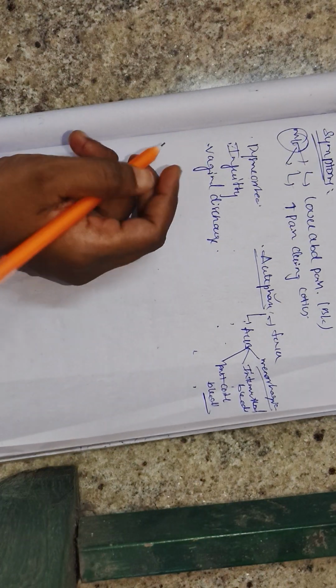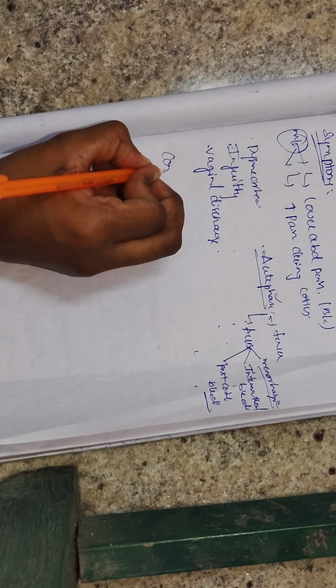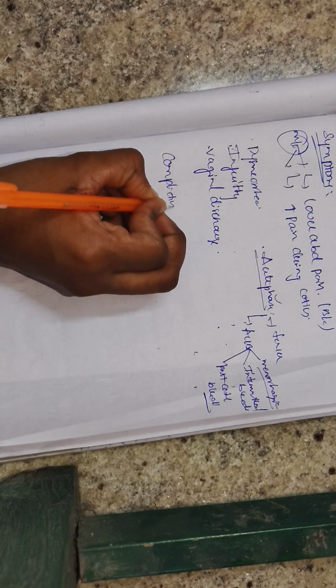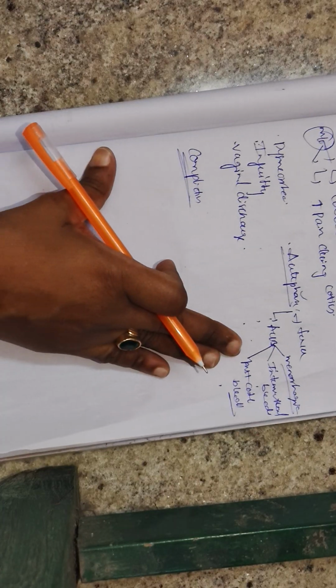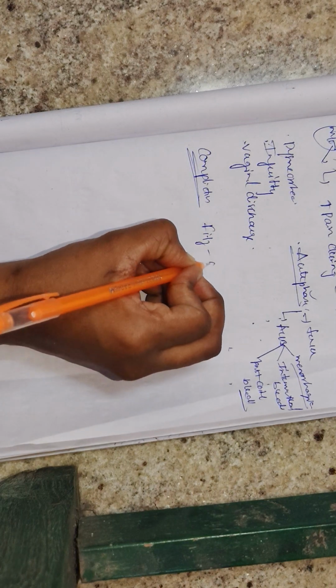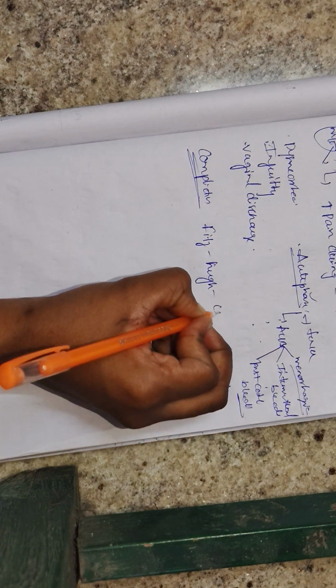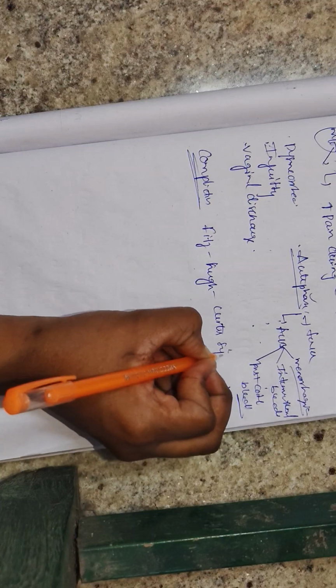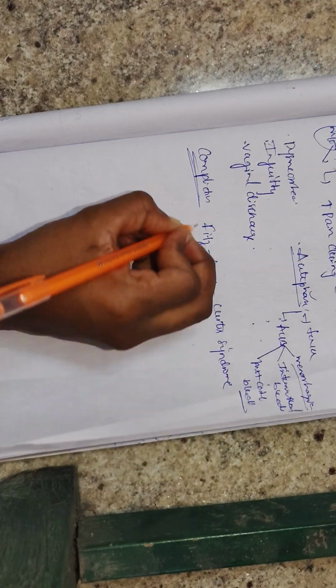Next, what are the complications? It spreads to the liver, causing perihepatitis. This is called Fitz-Hugh-Curtis syndrome. What is it?